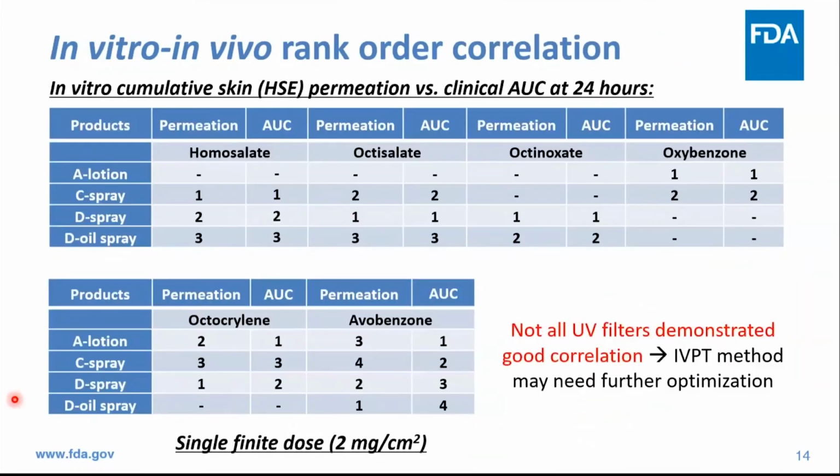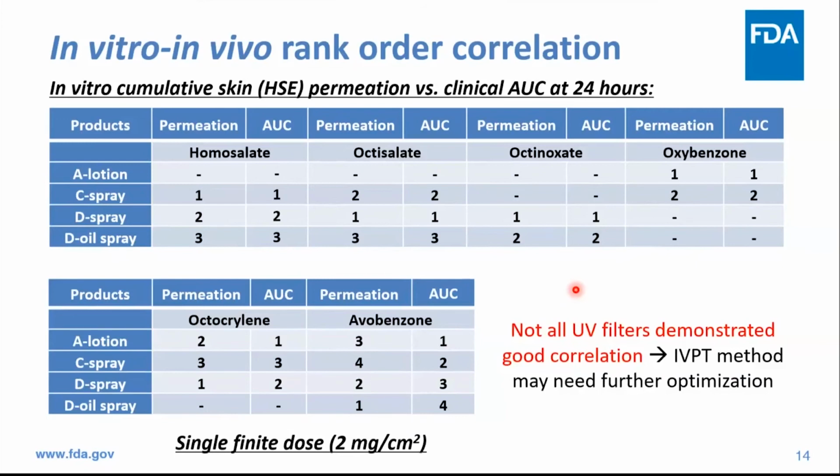According to the FDA guidance for a cyclosporine topical cream, the cumulative permeation of the active ingredient for the duration of the test would correspond to the clinical area under the concentration-time curve, or the AUC. So we attempted to apply this concept to construct an in vitro-in vivo correlation between the sunscreen IVPT and clinical data.